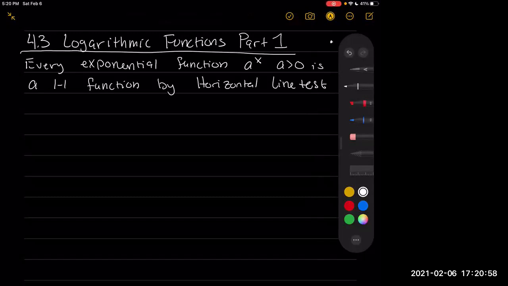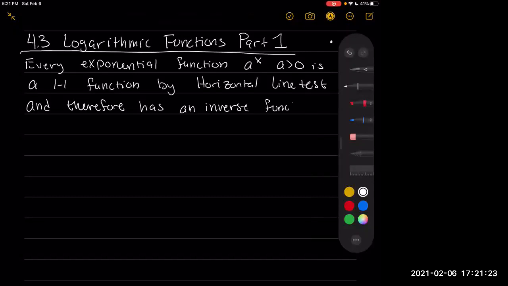So there's no repeat outputs, or basically if you have f of x equaling 6, there's only one x that will give that number. So by the horizontal line test, it therefore has an inverse function.